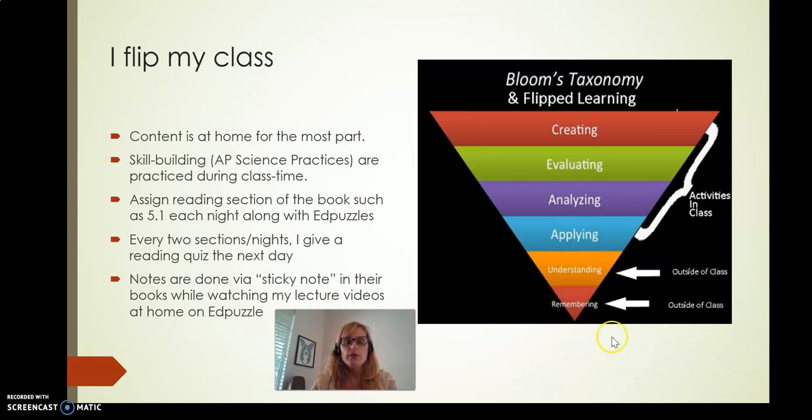So the easy stuff is at home. So content is really the easy stuff. Skills are harder and they're in class. So remembering and understanding are done at home via lecture video. And then these are things that we do in class because they're harder, and I have the time to do it because I flip my class.